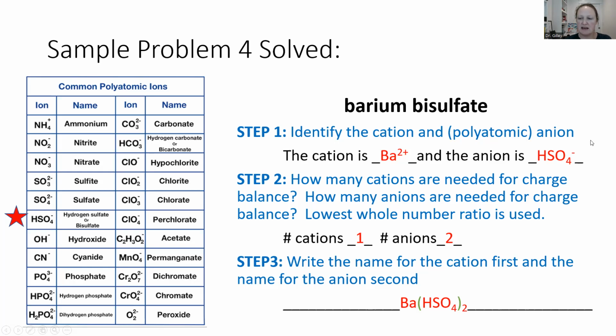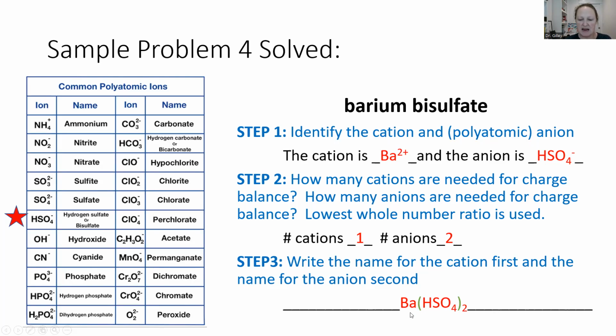So we see that the anion has a -1 charge, the cation has a 2+ charge. So we're going to end up needing 2 of the polyatomic bisulfate ions to balance out 1 barium cation. So we need to indicate that in the formula. And again, this should say write the formula for the cation and the formula for the anion second.